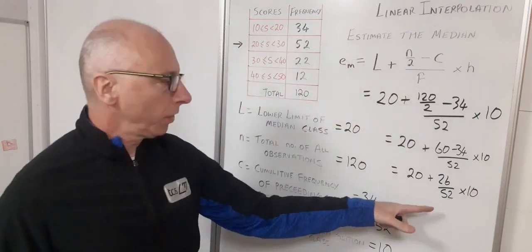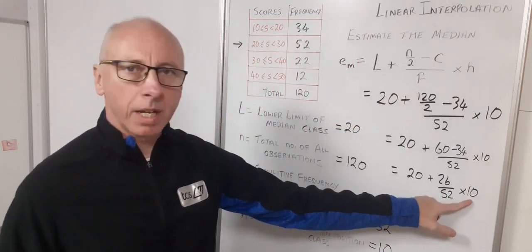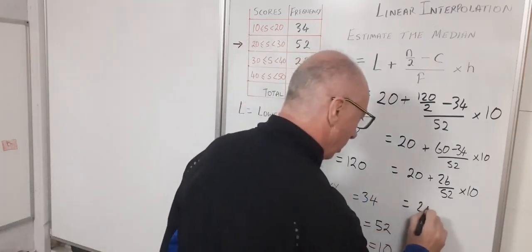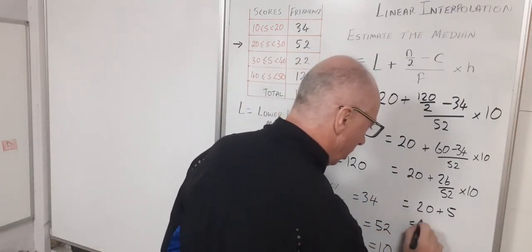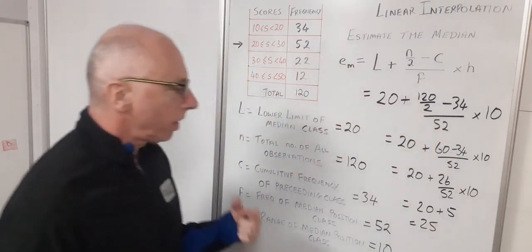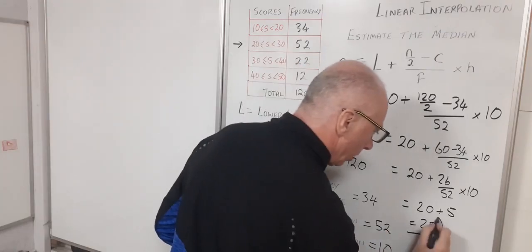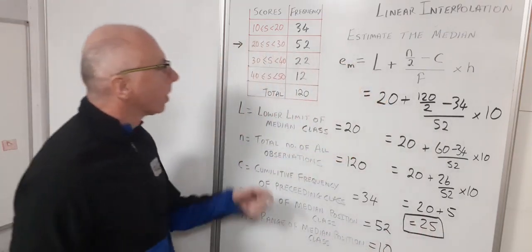Well, 26 over 52 is a half. Half times 10 is going to give me 5, so it's 20 plus 5. So hence 25. So the estimate for my median is 25, and that is our answer.